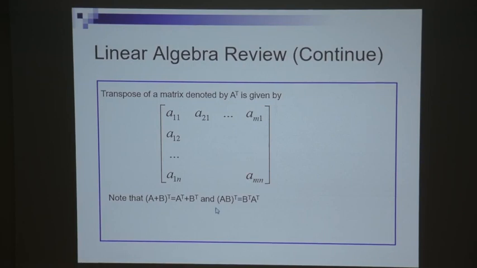You have to bear in mind that (A plus B) transpose is equal to A transpose plus B transpose. But (A times B) transpose is equal to B transpose A transpose. You need to know all this. You need to remember all these things, as they will come out in the subsequent lecture when we do the derivations.